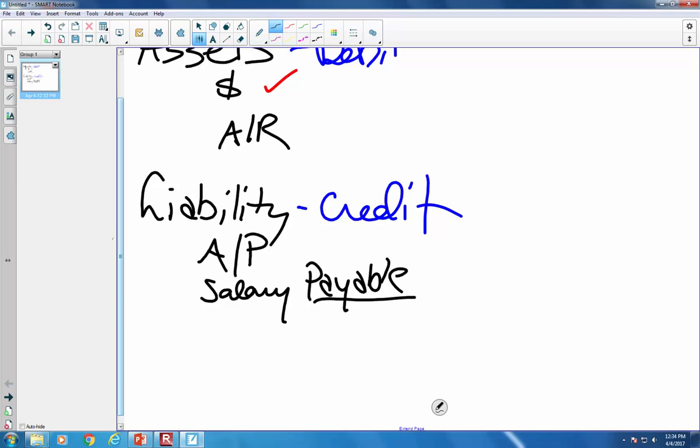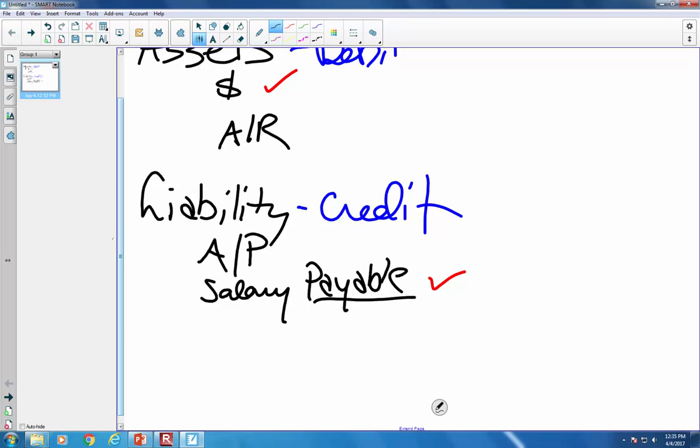How do you make it go down? You debit it. Okay. So that's just accounting, and you've all been through accounting 1. So in payroll, we're going to be using salaries payable.